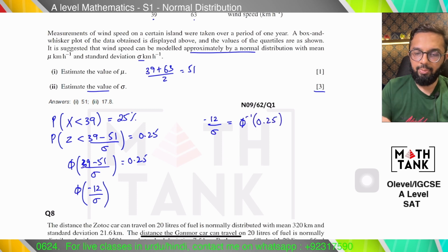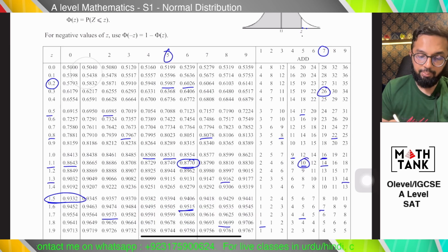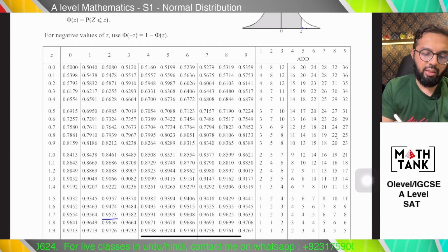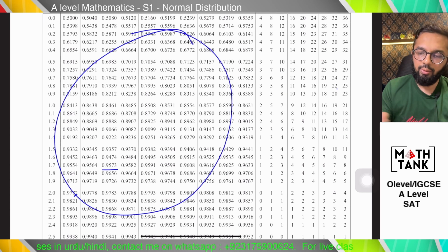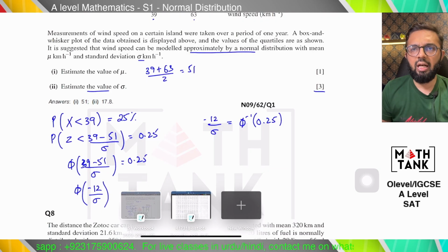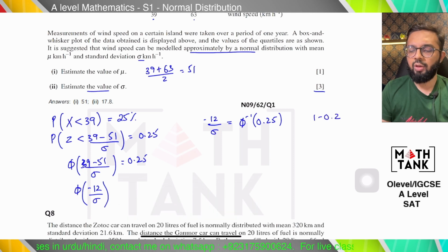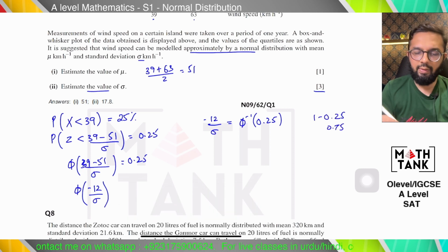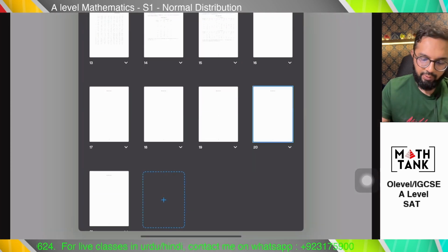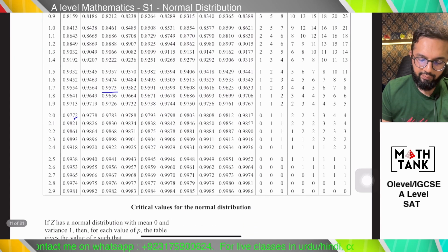Now remember that when you have a probability that's less than 0.5, you can't directly find it from the table. You can see that inside the table I don't have anything that points to 0.25. So what else do I read? I read the opposite of that. I read 1 minus 0.25, or 0.75, from my table. Where is my table? 0.75 is down here.